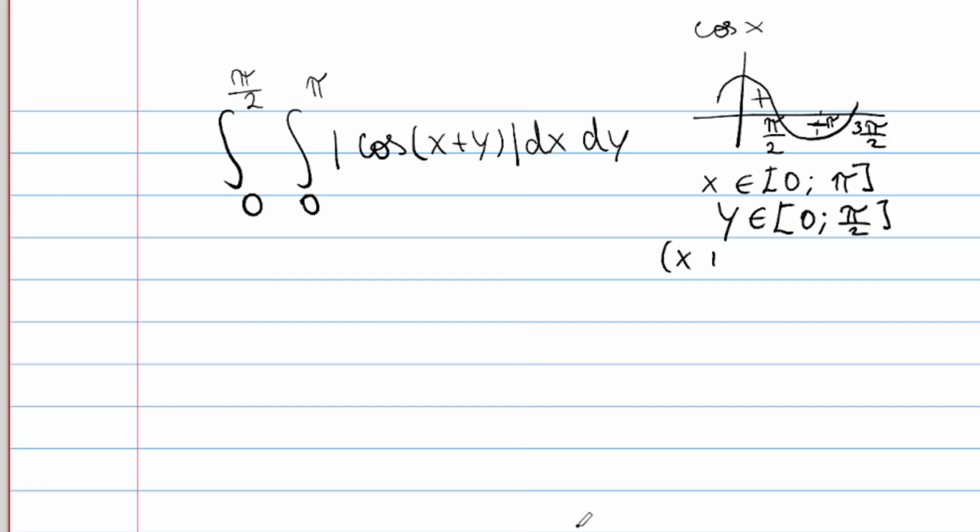So x plus y goes from 0, to pi plus pi over 2, which is 3 pi over 2.